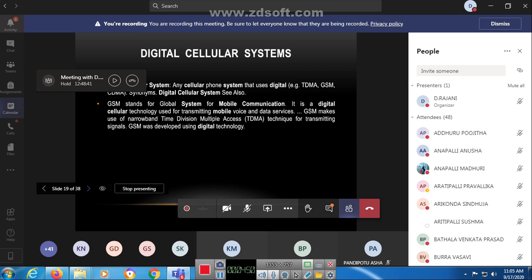Next, the other one is the digital cellular systems, where the digital cellular system uses digital technology. What is the digital technology? For example we can take TDMA, GSM and CDMA systems.